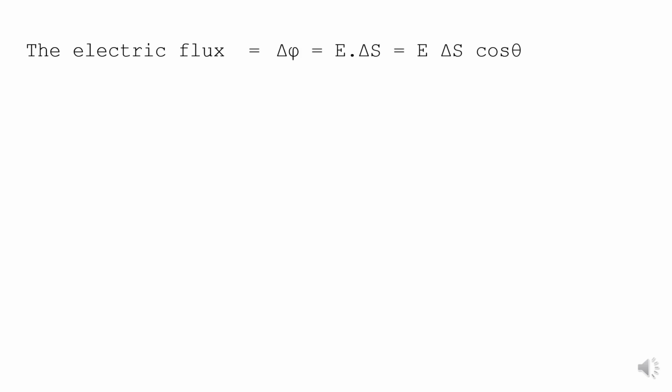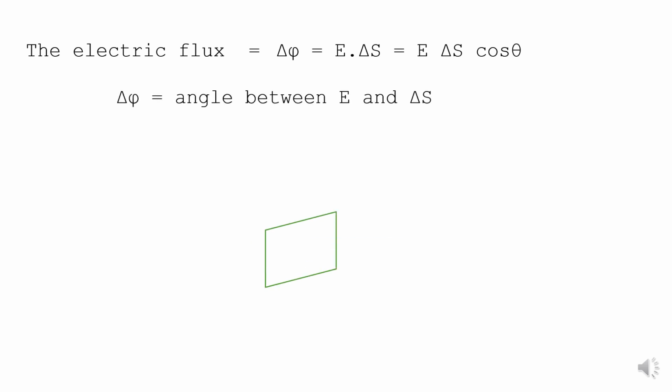Moving further, electric flux is nothing but E into surface area S, and as I said, we have to calculate the angle also. So electric field E into surface area S into cos theta. The cos theta is nothing but the angle between electric field lines and the plane, that is called surface area dS.